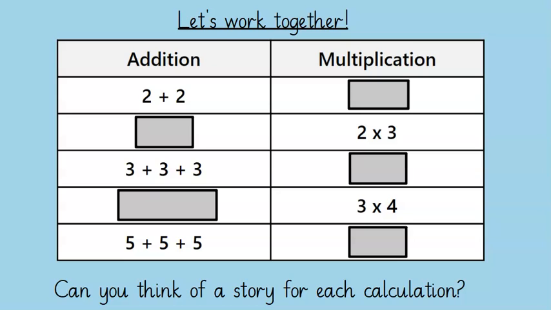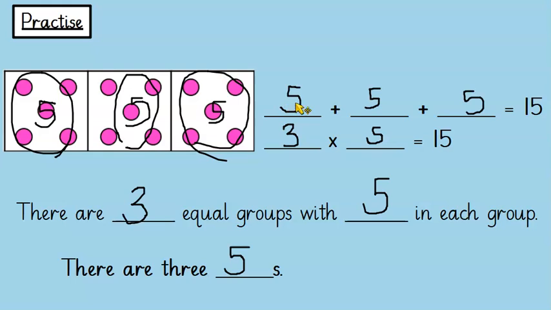Let's fill in this table, we'll work together, okay? So, as you could see before, every time there was a repeated addition, we could make a matching multiplication. And actually, the multiplication is sometimes quicker because it's shorter. So here I've said 3 times 5.